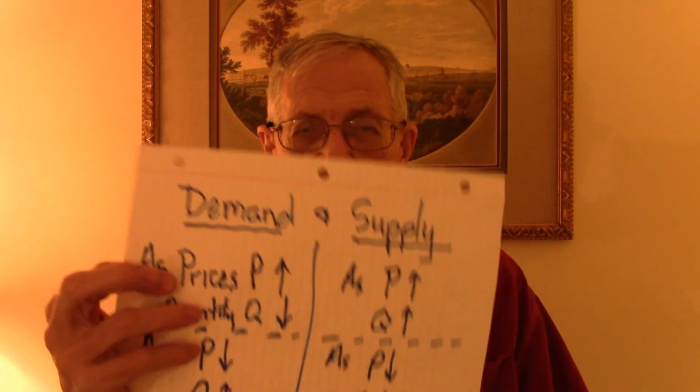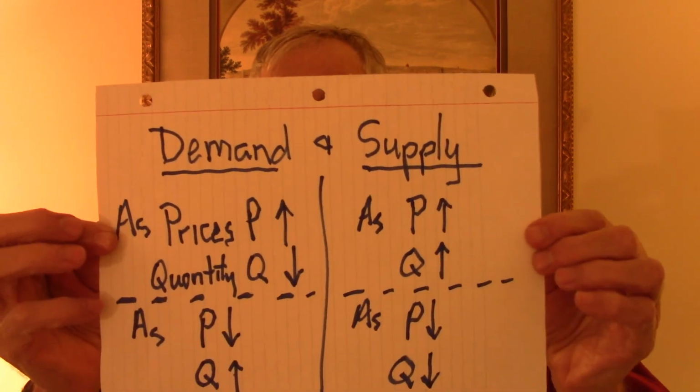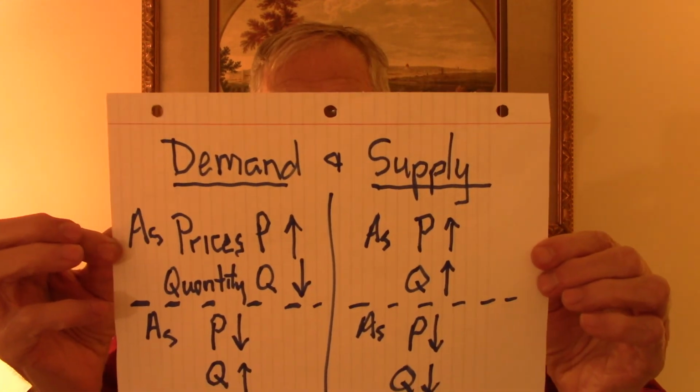In all things economic, goods and services are produced and purchased, bought in the economy generally. And the amount of goods and services that are purchased and the price that is paid are determined by supply and demand. This is fundamental to everything having to do with economics.